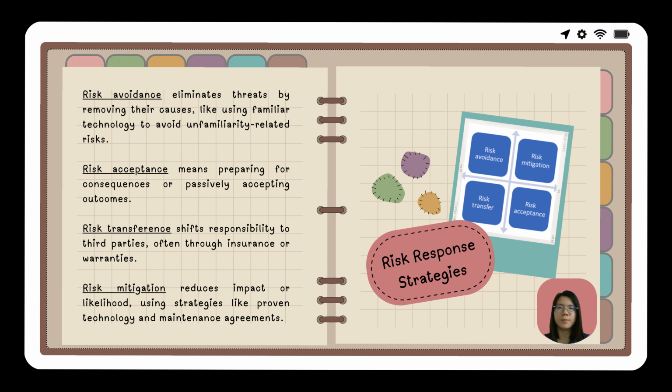Risk acceptance means preparing for consequences or passively accepting outcome. Risk transference shifts responsibility to third parties, often through insurance or warranties. Risk mitigation reduces the impact or likelihood of risk by using strategies like proven technology and maintenance agreement.